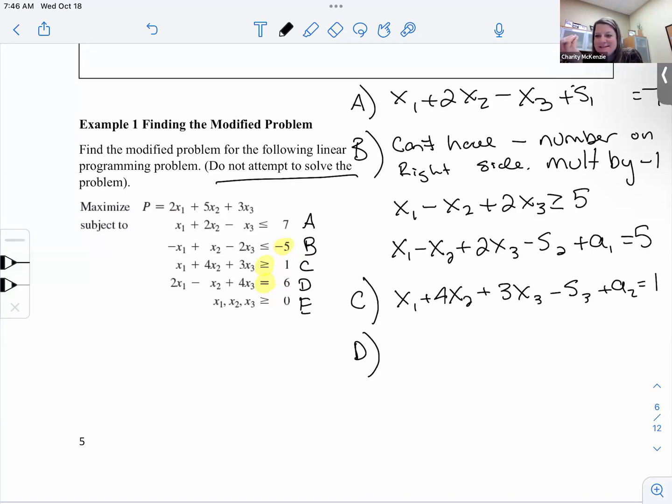We might have some slack. That's the whole point of that variable. So when we write this one out, it'd be 2x1 minus x2 plus 4x3, and then we just add in an artificial variable, and it's the third artificial variable, no slack, equals 6.